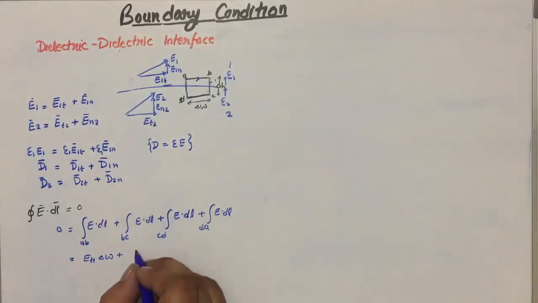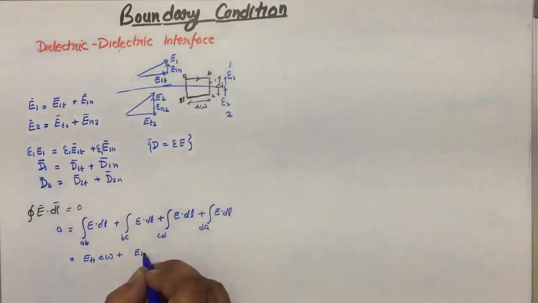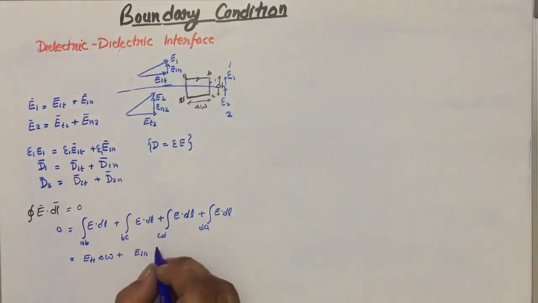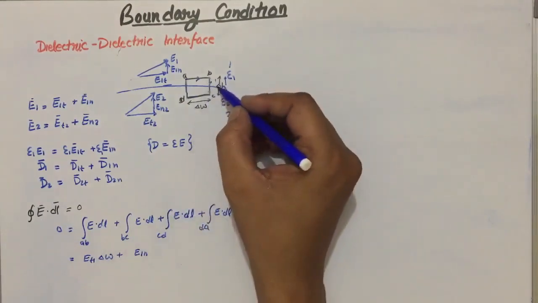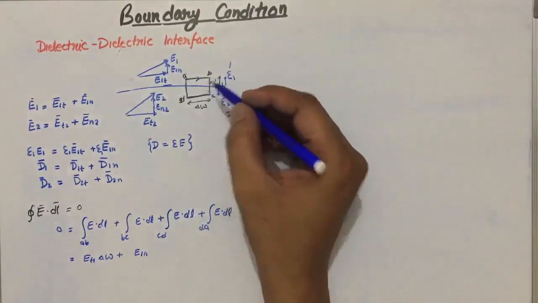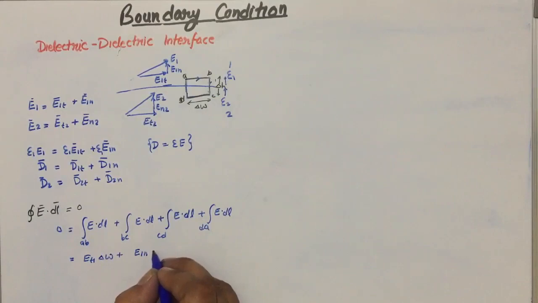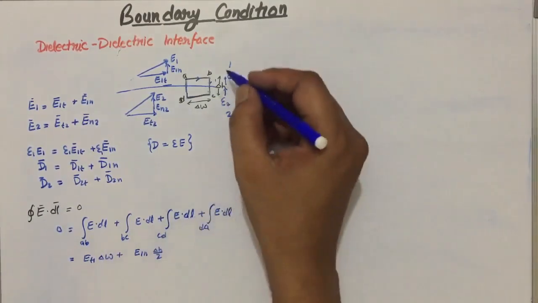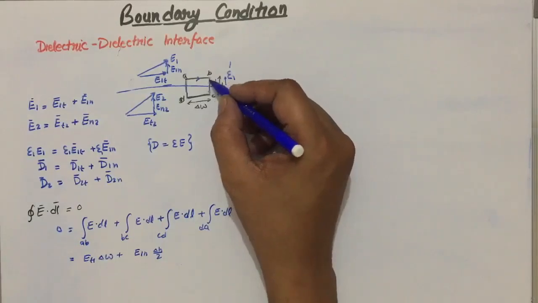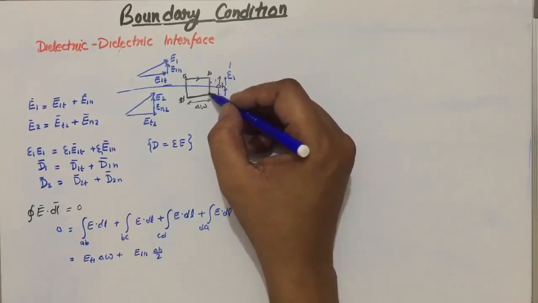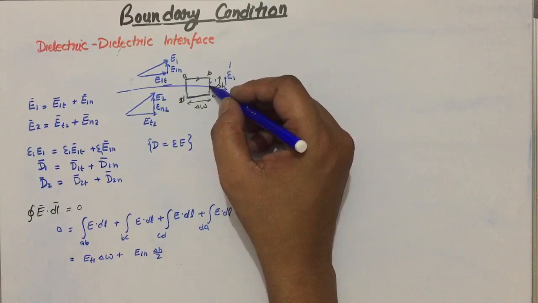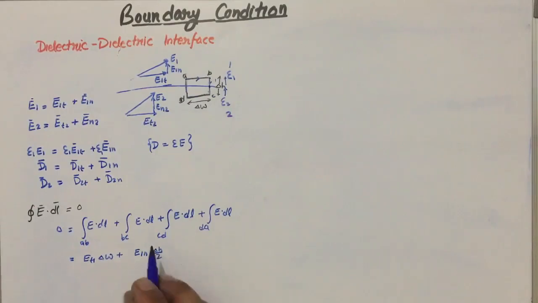So you can say E1n, okay, this is E1n times how much? Consider this is half part, half of the full height. This height will be this height divided by 2. So you can write like that.